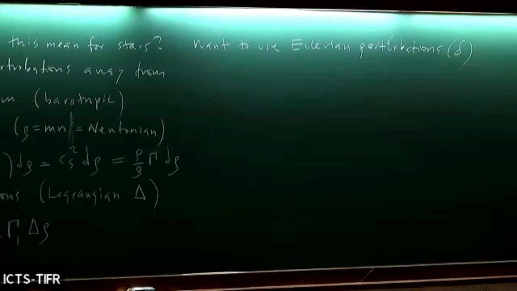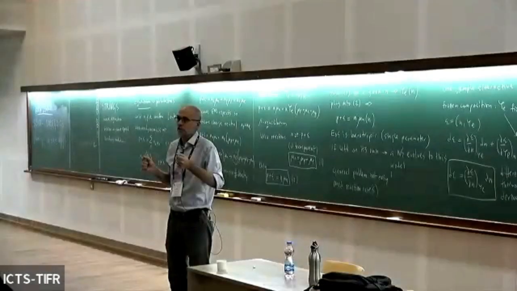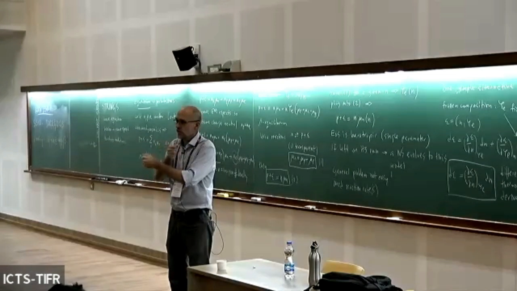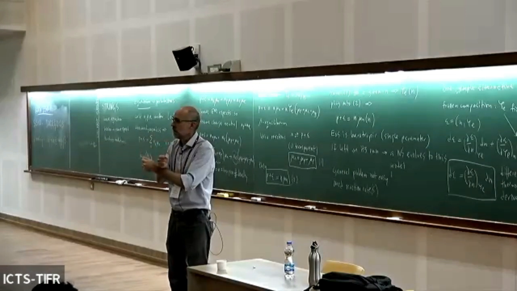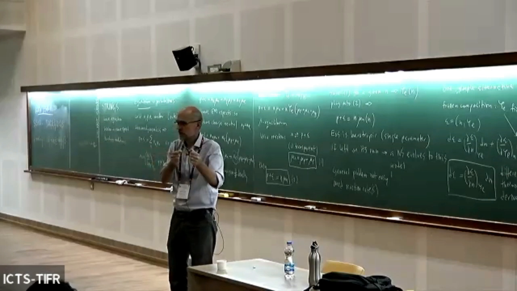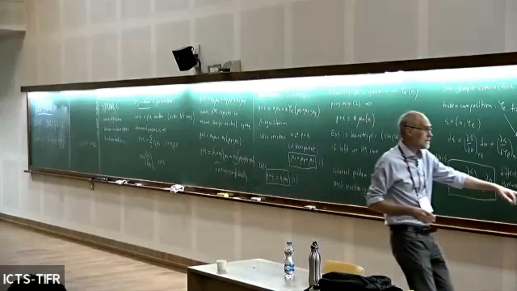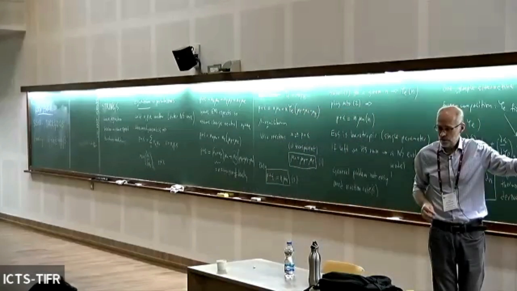We'll see later the advantage of this. You'll see this maybe tomorrow, the difference. It's a little bit easier if you're fixed at the point. The Eulerian perturbation, little delta, commutes with all the derivatives. You can just take it straight through the derivative because it's at a fixed point. Whereas if you do Lagrangian perturbations, you have to be careful. So I need to translate this into that other perturbation.